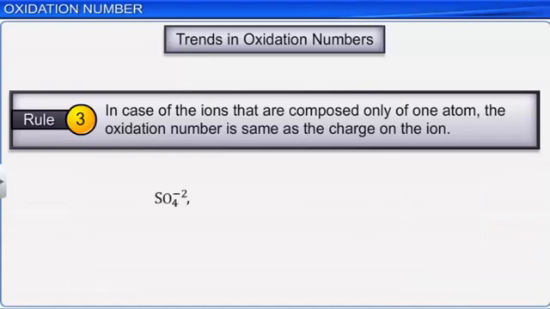However, in complex and polyatomic ions, the algebraic sum of the oxidation numbers of all atoms in the ion is equal to the charge on the ion.